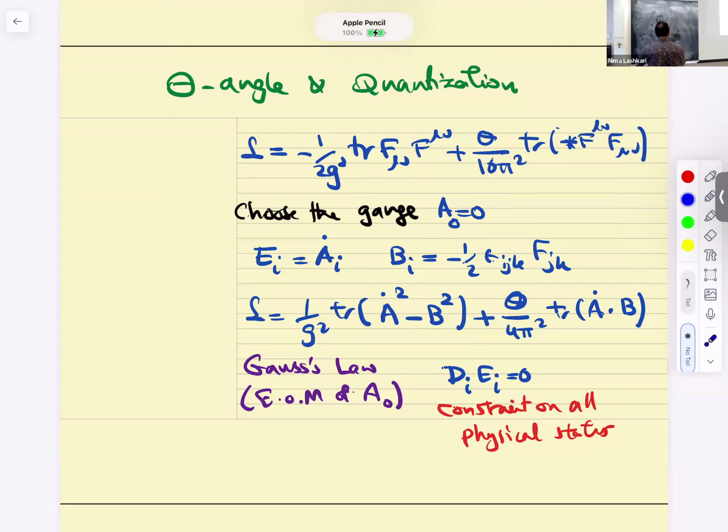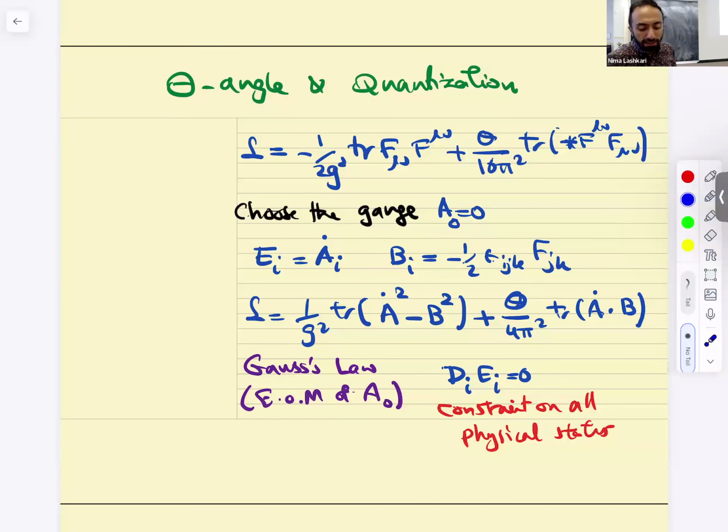Previously, I was trying to make sure every time I wrote these expressions, I would write A_mu^a, to make it clear that they are Lie algebra valued for non-abelian gauge theory. Here, I'm just simplifying my notation, hence all these traces outside.